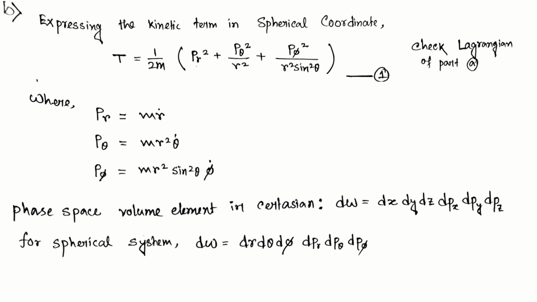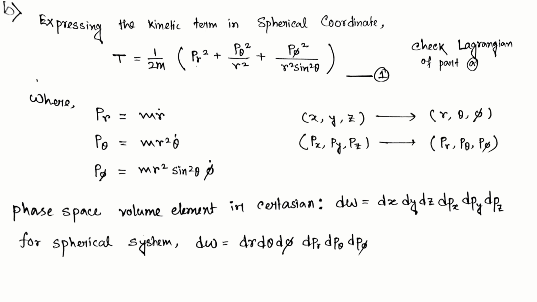Okay, till now everything is fine. Now here we have converted xyz to r theta phi, and the px py pz system to pr p theta p phi. So basically we have taken the phase space and converted the coordinates and also the conjugate momenta.